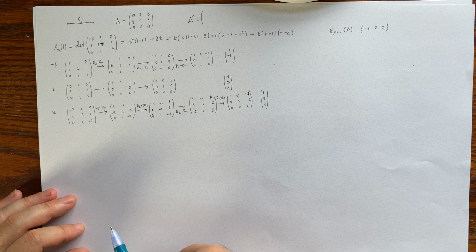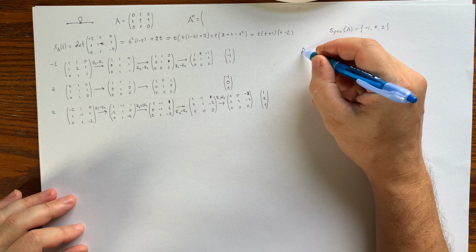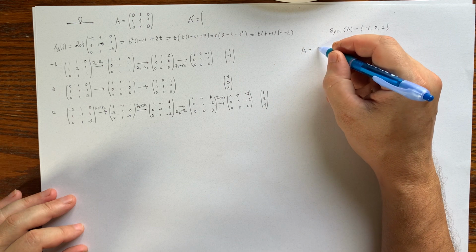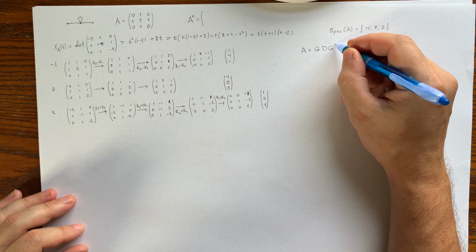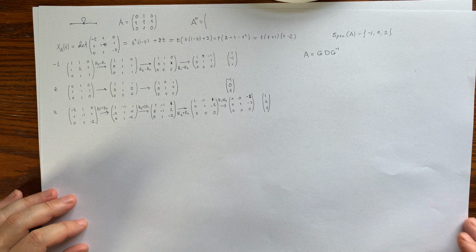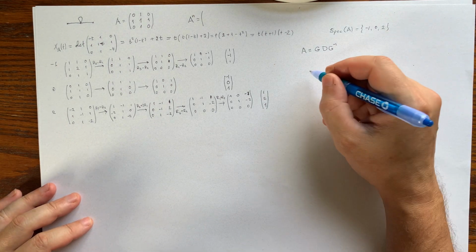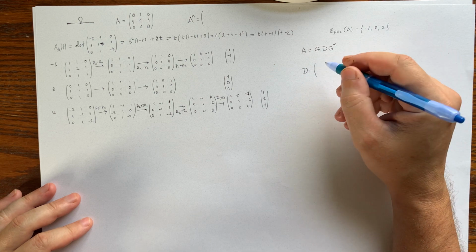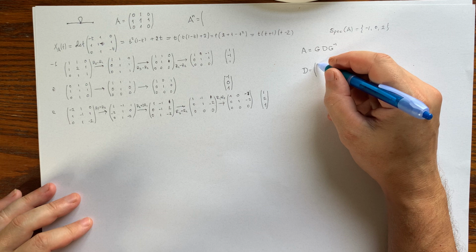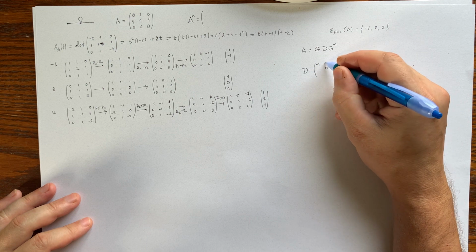And that's what already is going to be the start of our diagonalization answer. So A is going to be possible to write as a conjugate like that, with the middle matrix D being diagonal, and this diagonal matrix is the matrix of eigenvalues, -1 first, 0 second, 2 last.